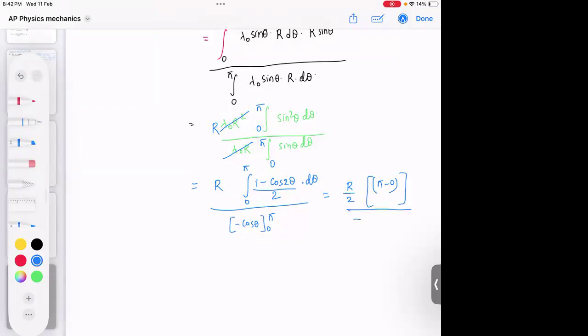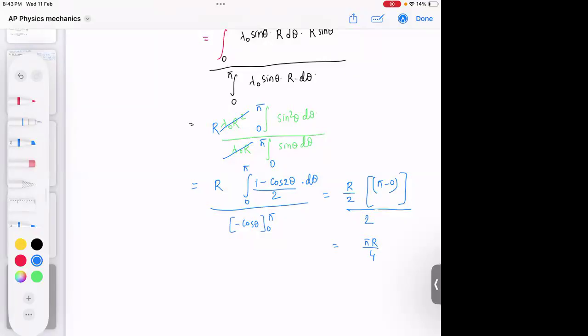In the denominator, minus cos pi is minus 1 and cos 0 is 1, so after putting the limit we get 2. So what are we getting? Pi r by 4 is coming to us. Understood? So this is the y coordinate of the center of mass.